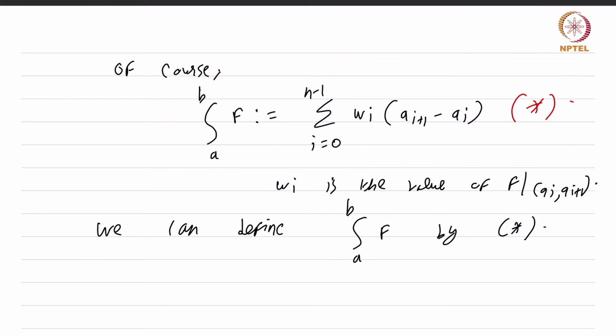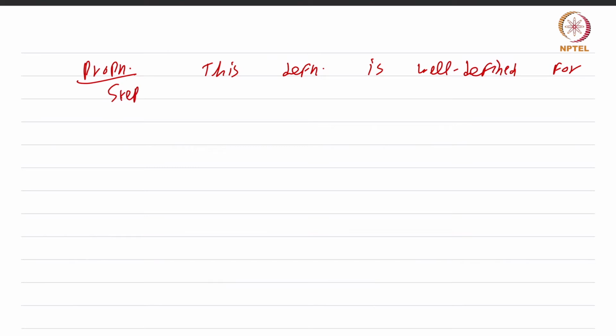Of course, there's something to check. So that will be the first proposition. This definition is well defined for step functions. And the proof is rather easy and should be familiar to you. I should remind you of several of the arguments we have done when we studied the Riemann integral in Real Analysis 1.